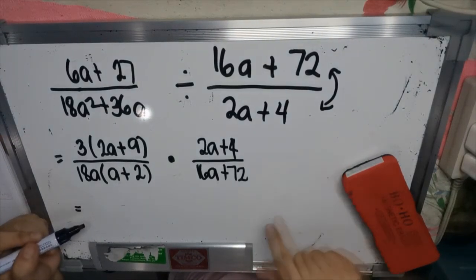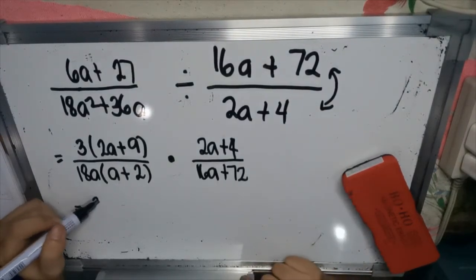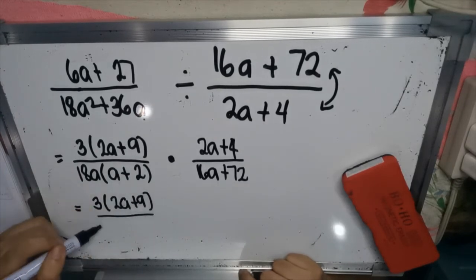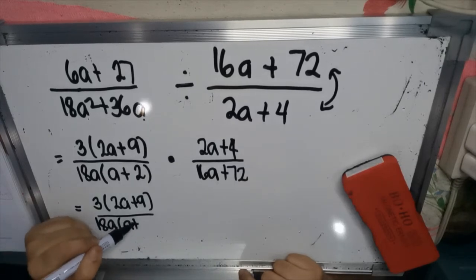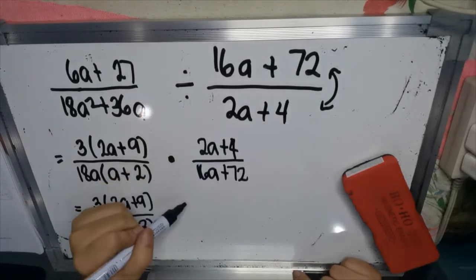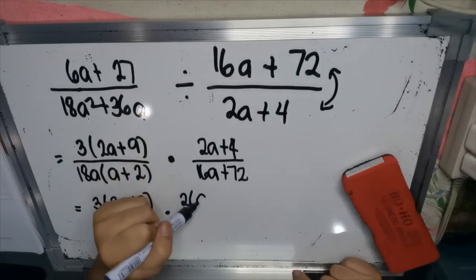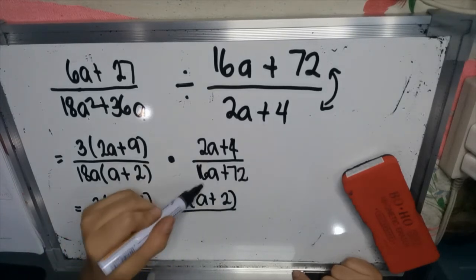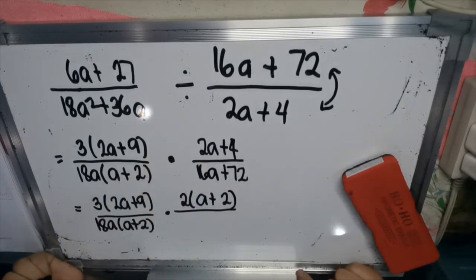So, dapat kaya pa natin na pagbaliktad yan. Anyway, so ayan. Sulat ulit. 2a plus 9 over 18a. A plus 2. Times. Factor natin. Ilabas natin dito si 2 din. So, we will have a plus 2. Dito. Saan yan divisible?